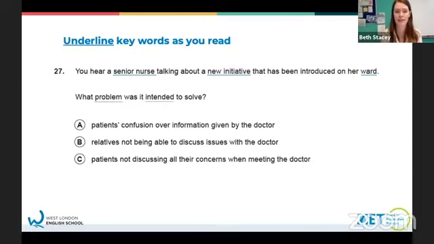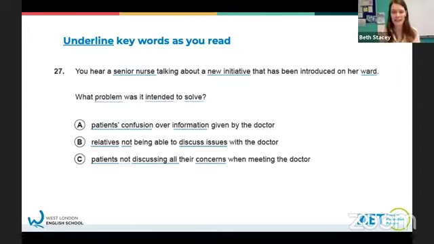Problem, intended, solve. Obviously I'm not speaking out loud, but I'm reading it in my head, trying to get it all into my head as much as I can. So patient's confusion, information, relatives not discussing issues, patients not discussing concerns.